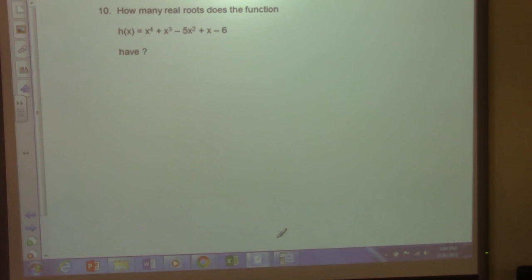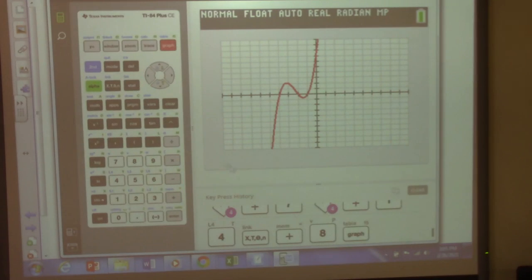And so now number 10, related: how many real roots does the function x to the 4th plus x cubed minus 5x squared plus x minus 6 have? How would you find that? Well, the easiest way I would do it is right here in your calculator.